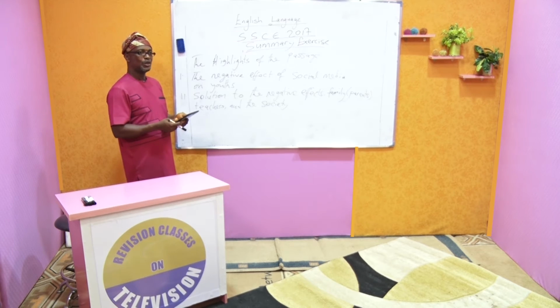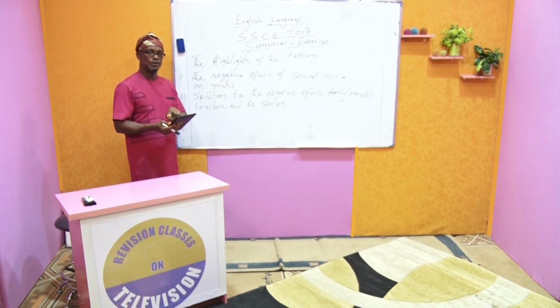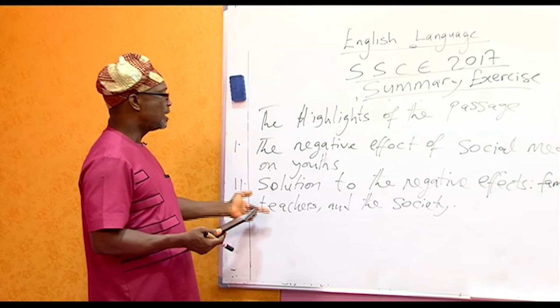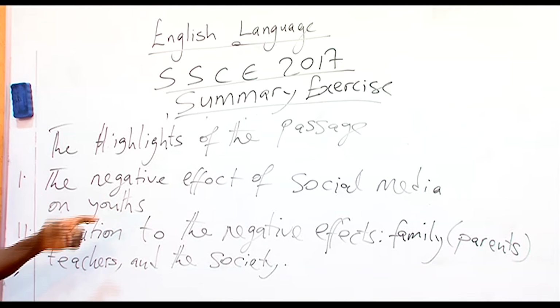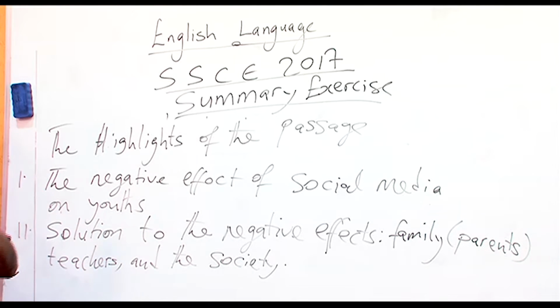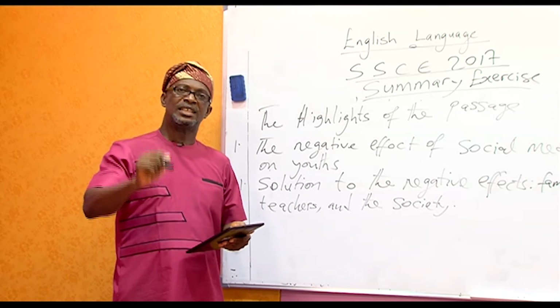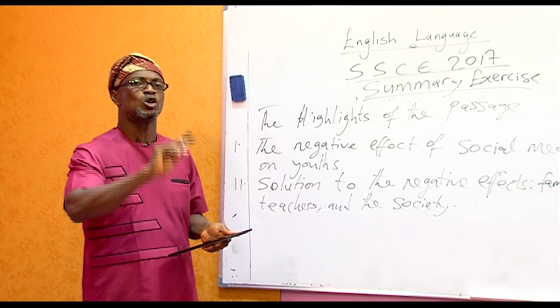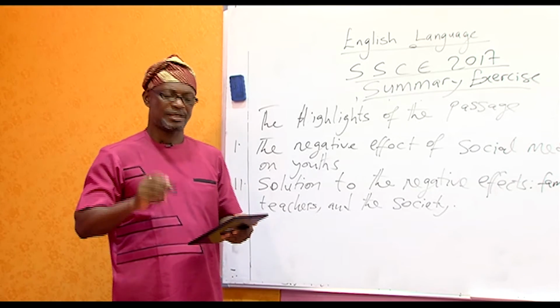If you are able to identify the negative effects and the solution to these effects, you have successfully answered the question. And what is required of you is to just put these highlights in sentence perspective.